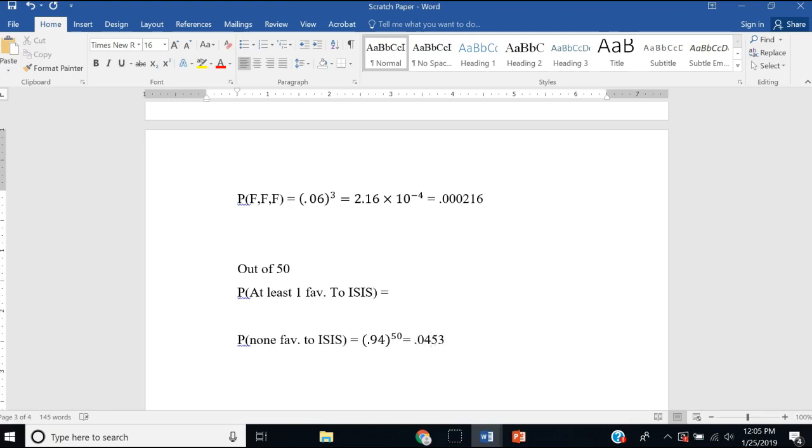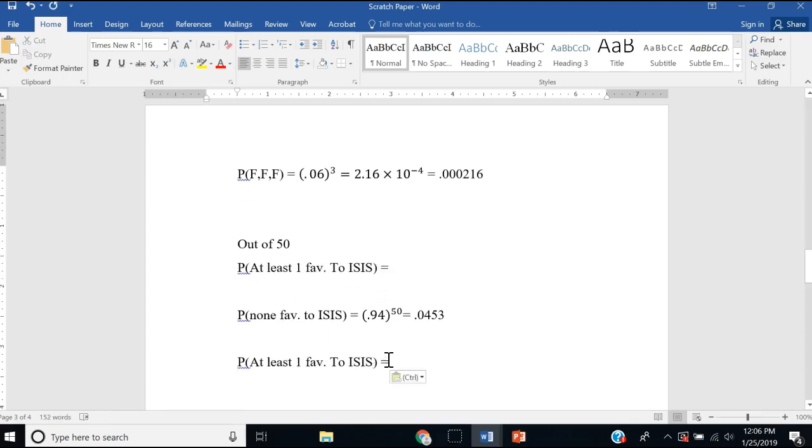All right. Now again, that's the chance that none are favorable to ISIS. That's the complement of at least one being favorable to ISIS.